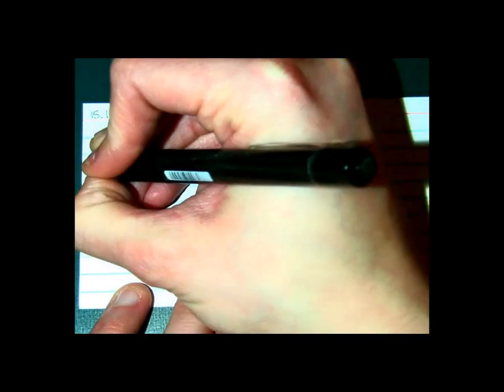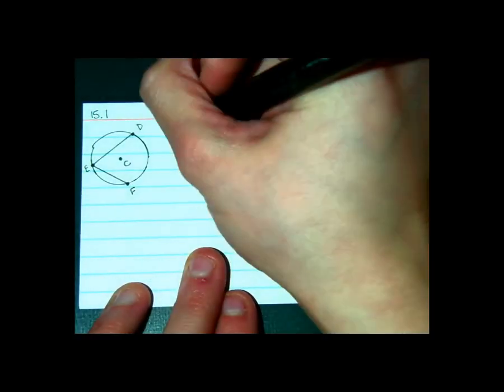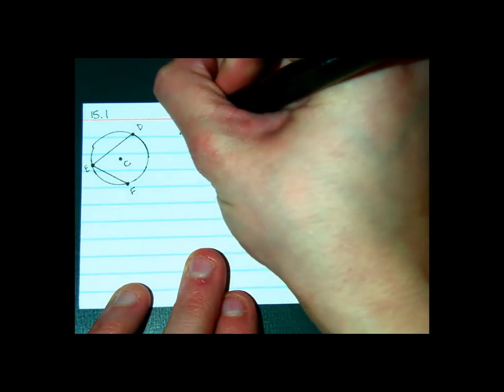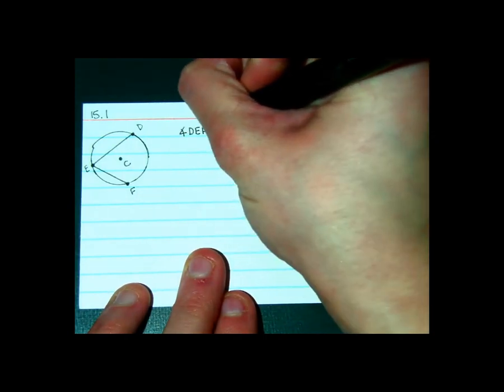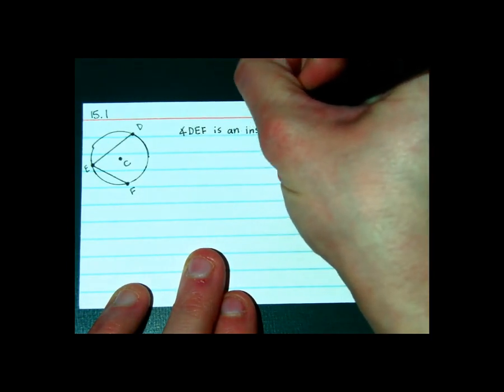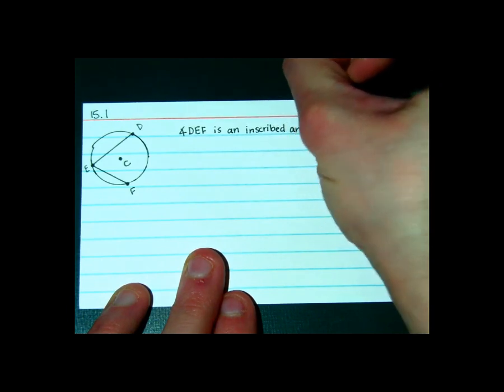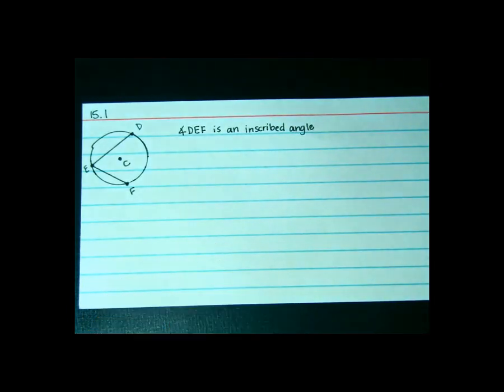So let's say D, E, F. So angle DEF is an inscribed angle. And then you'll need to go define that.